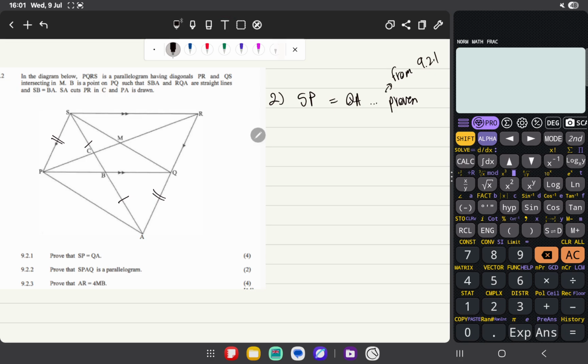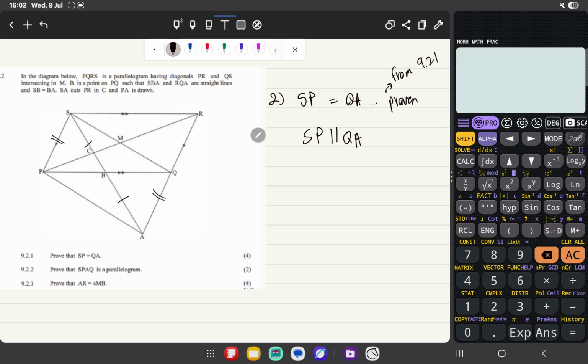And also let's look. We would then say SP is parallel to QA, right? And the question is now, why are we saying it's parallel? Why am I saying SP is parallel to QA? It shouldn't be a tricky question.